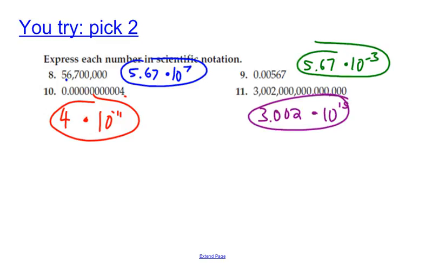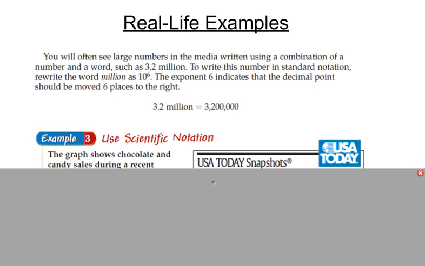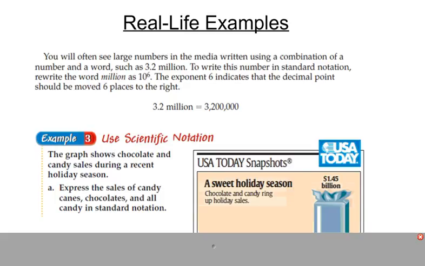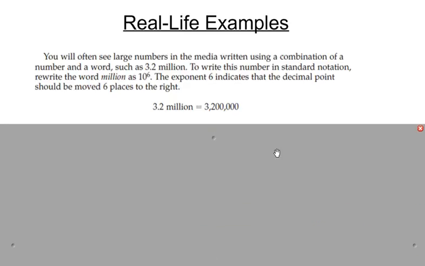Now I have one last real-life example for you that we can look at. It's 2 of them technically, but I wanted to show you that you will often see large numbers in media or in science or in different places, such as 3.2 million.